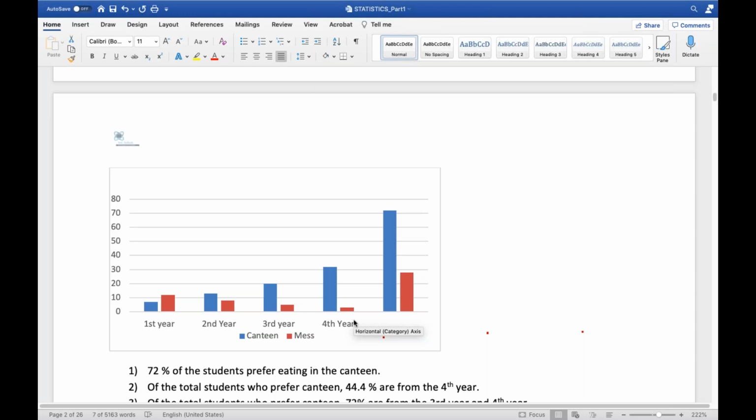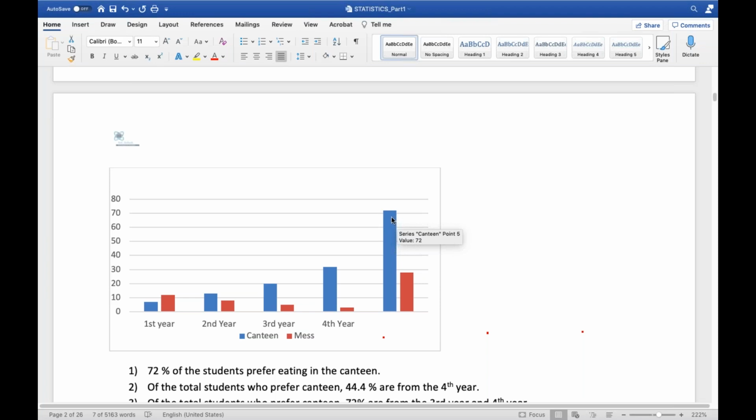So in that case, you create some interesting visualizations and show them to your uneducated investor, and then he can understand the graphs, right? See, Mr. XYZ, you can see the fourth year people, overall this many people.